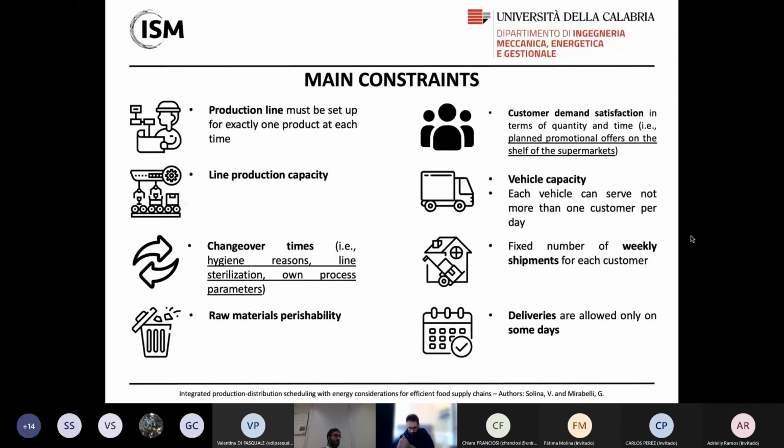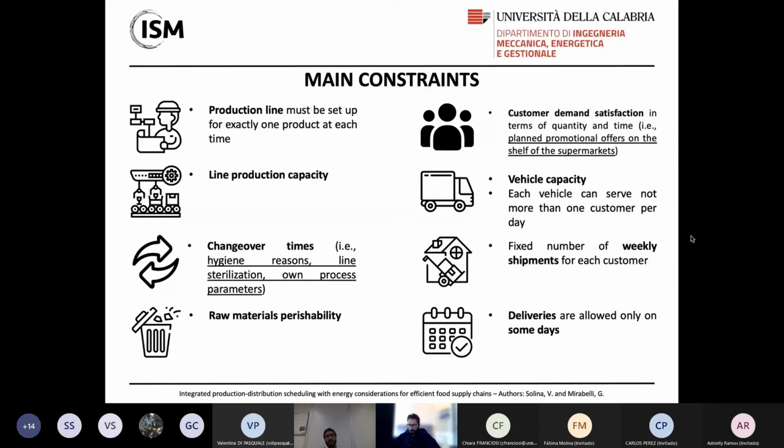If I decide to produce on the first slot product 1 and on the second slot product 2, I have to consider some changeover times for hygiene reasons, for the sterilization of the line, and we have to say also that each product has its own parameters. Just think of a pasteurizer which has to process different products at different temperatures and so on.